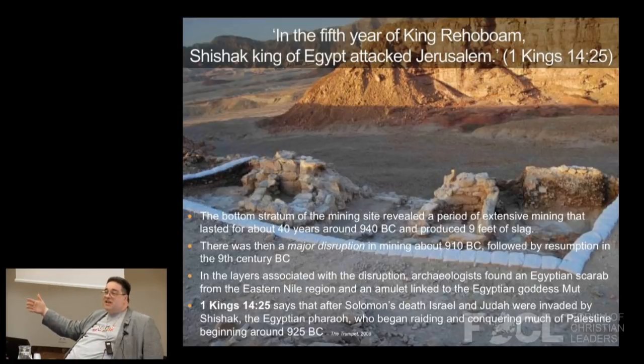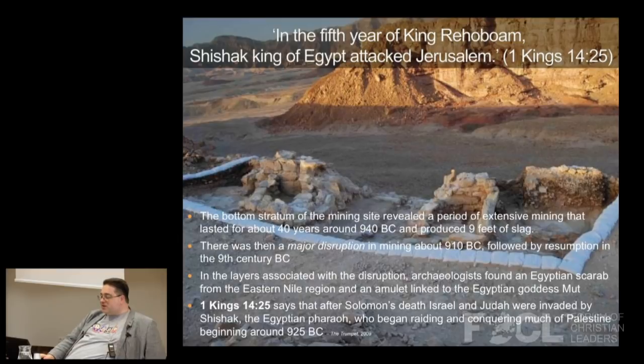And archaeologists have linked this pause in the mining operations with this war with Egypt, and indeed have found Egyptian scarabs from the Eastern Nile region, and an amulet linked to the Egyptian goddess Mut at this site as well. So there was certainly some Egyptian link there.